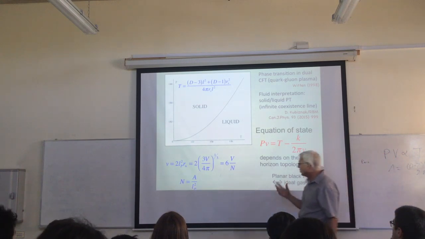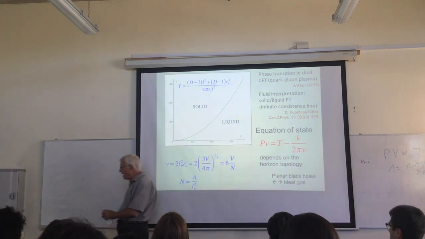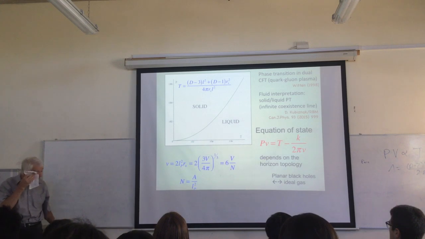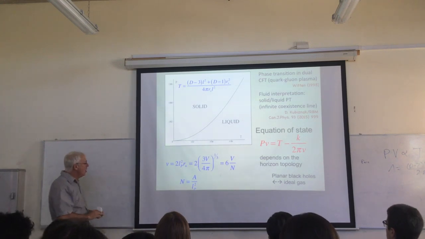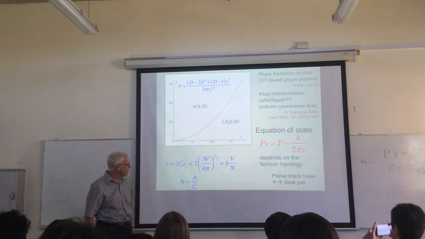This specific volume is related to the horizon length by this equation here, where this is the Planck length squared.